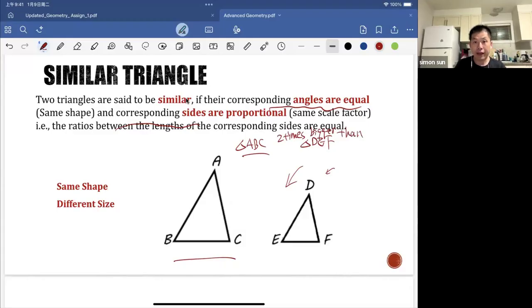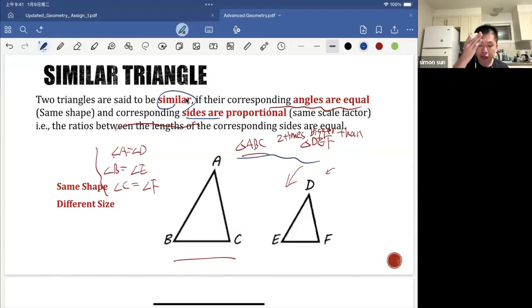How do we represent this similarity? We can say angle A is equal to angle D, angle B is equal to angle E, and angle C is equal to angle F. The three corresponding angles are equal, right? When two triangles are similar, the shape is the same, so the three corresponding angles are equal and the sides are proportional.